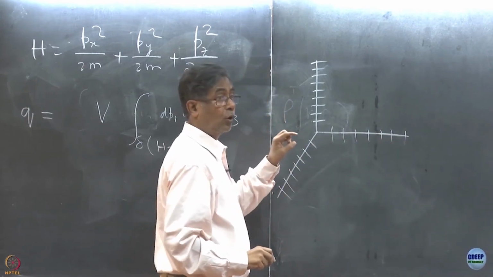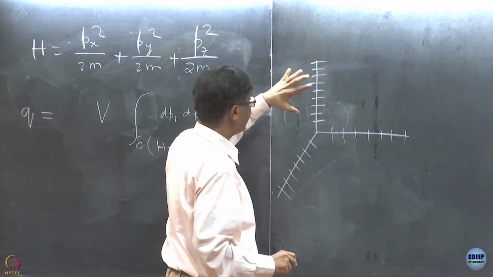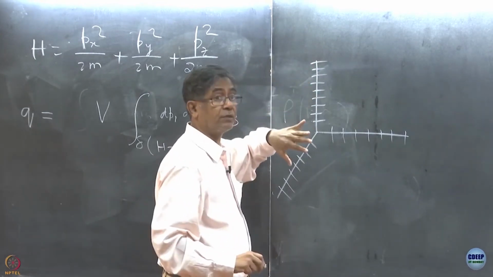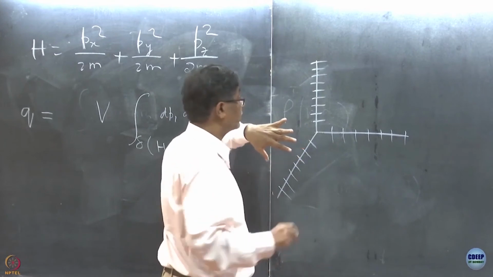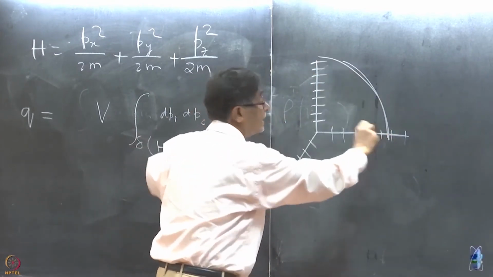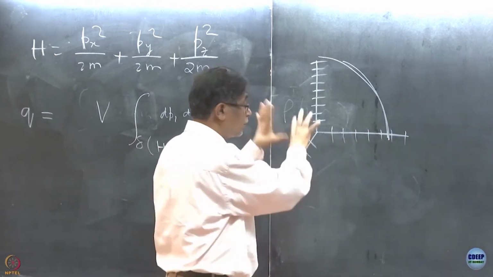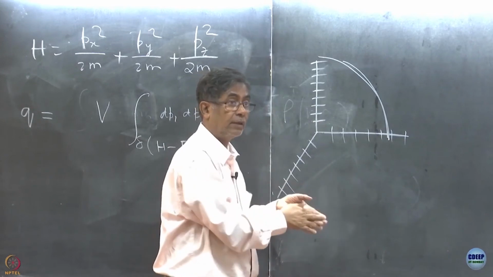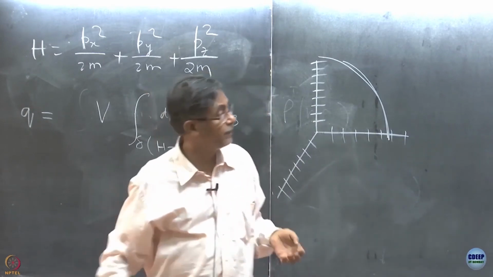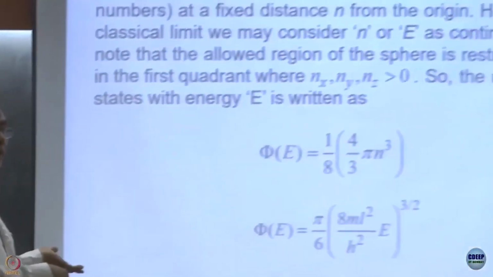My total number, nx, ny, nz are all positive. So, there is only one side of that I need to calculate. It is not the whole space. If I do that, then it is 1/8 of the whole.